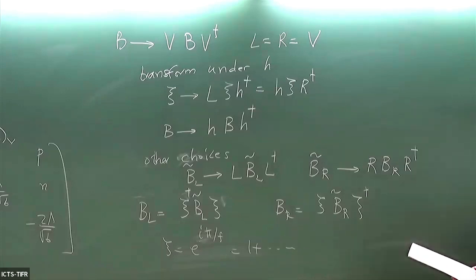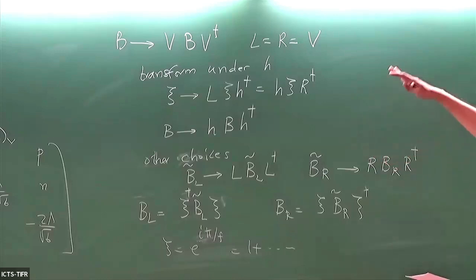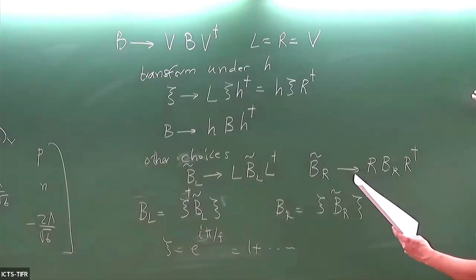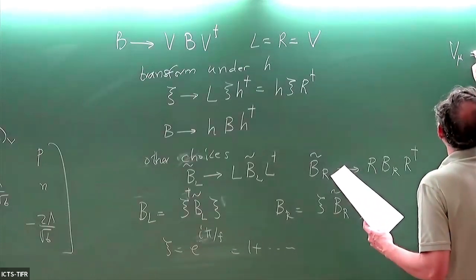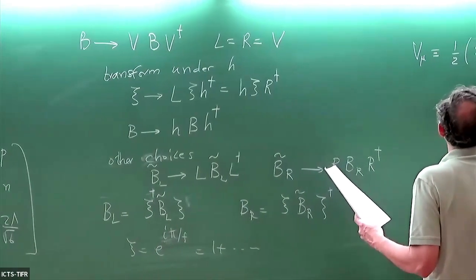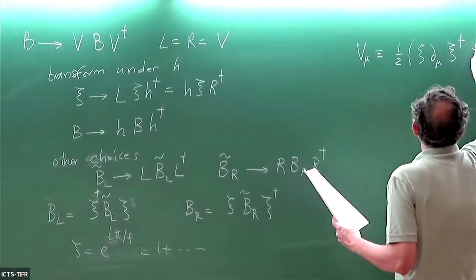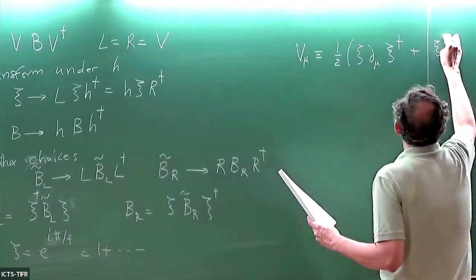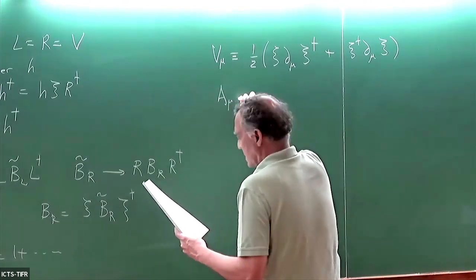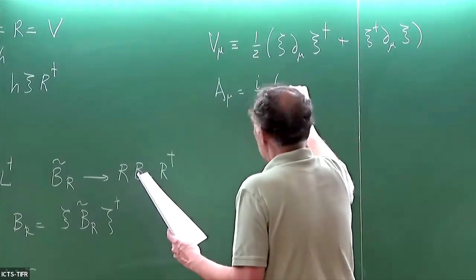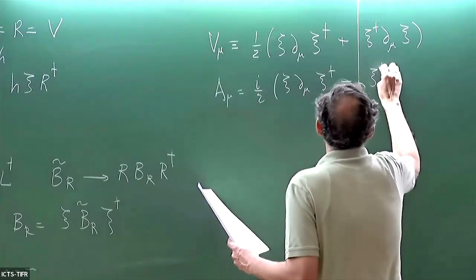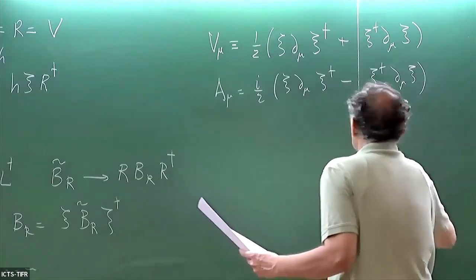So now when you introduce these baryons, there are two other quantities which are useful to define. One is V_mu, which is defined as 1/2 (C ∂_mu C† + C† ∂_mu C). And the other is called A_mu, which is i/2 (C ∂_mu C† − C† ∂_mu C).